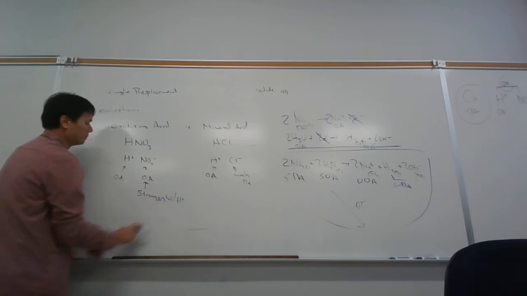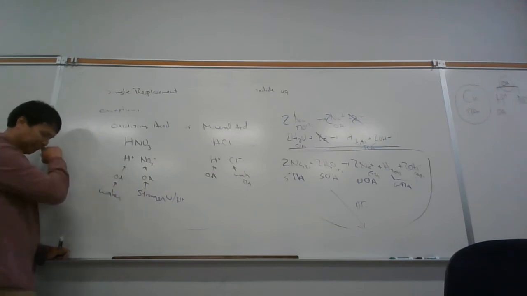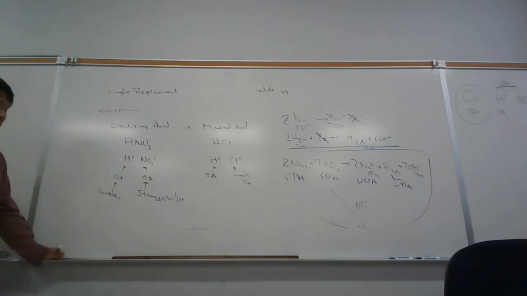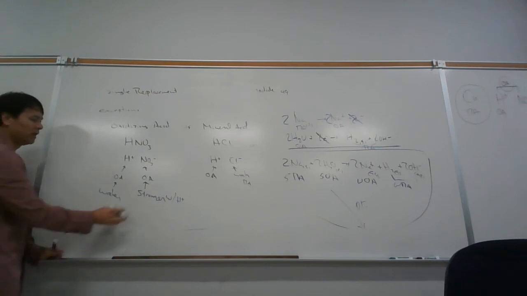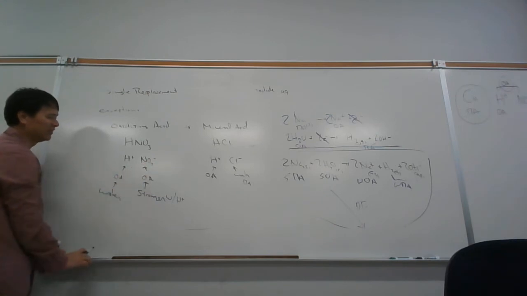With H plus. This is a weaker. And so some people call this the synergistic effect. You know, nitrate with H plus is stronger than H plus alone. But it's nitrate that's really doing the reaction here.